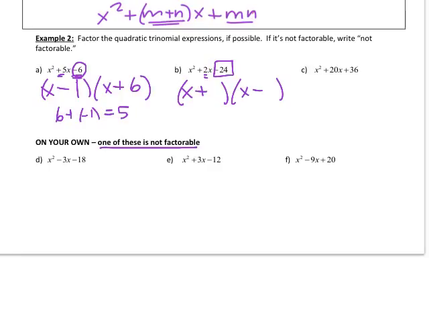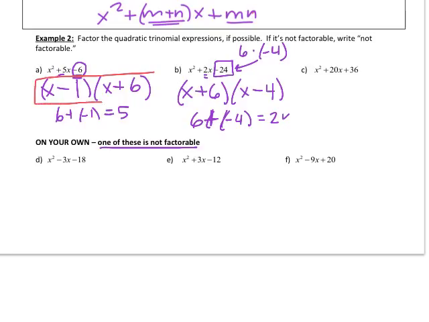And I need a +2, so I'm going to use 6 and I'm going to use -4. Okay, so 6 times -4 ends up being -24. But if I add 6, this should be a plus sign, plus -4, that equals +2. So you can always do a little check to see that your numbers are going to come out correctly. So I had this answer for A, this answer for B.